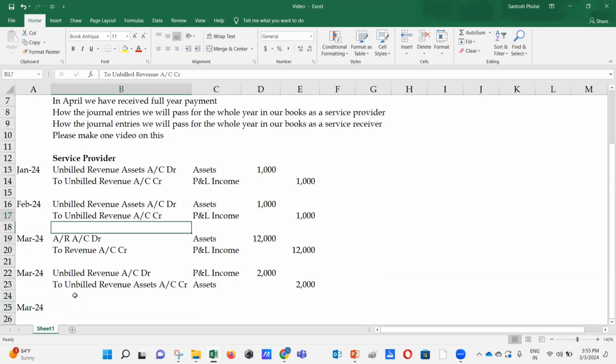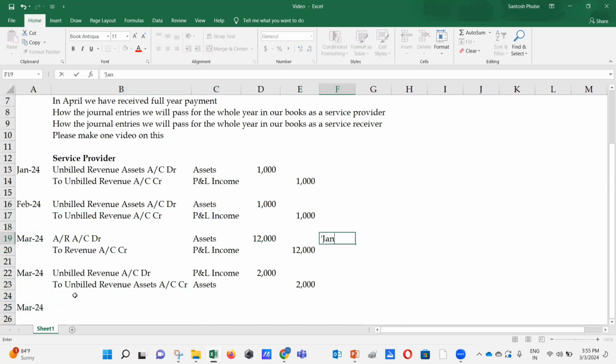Since you raised this invoice for the entire period, from Jan till December, and you have reached the month of March, you are eligible to consider the revenue only for those 3 months: Jan, Feb, and March. For the remaining 9 months, you haven't yet provided the services.